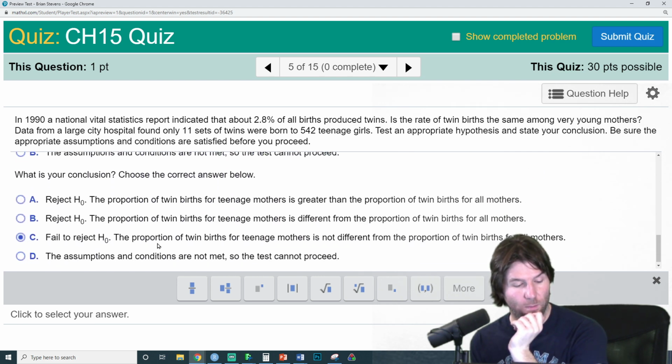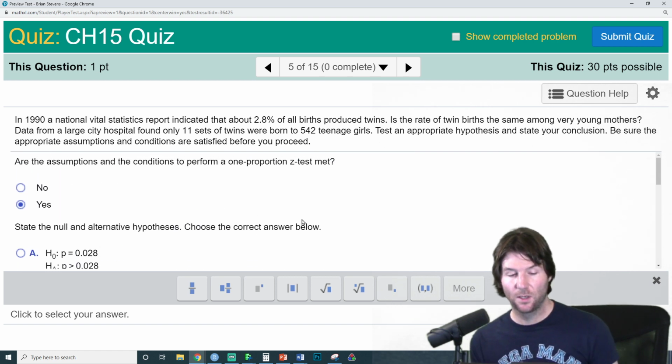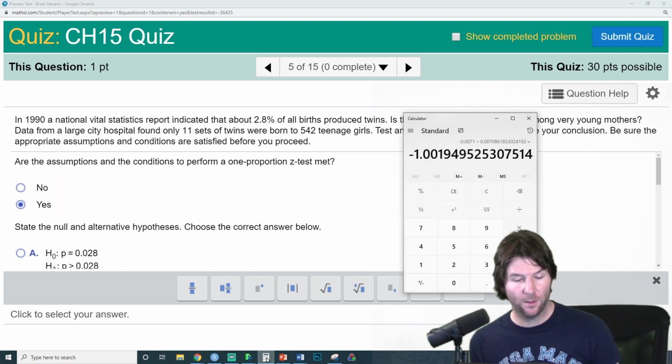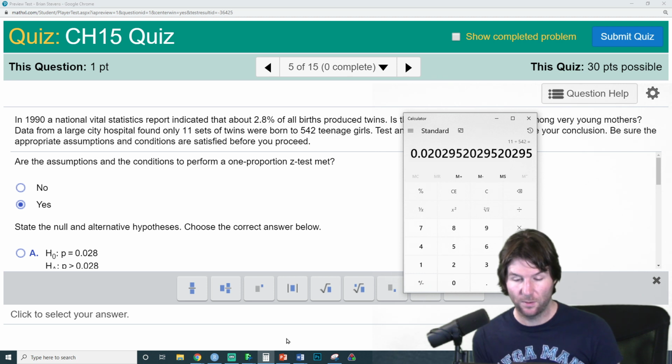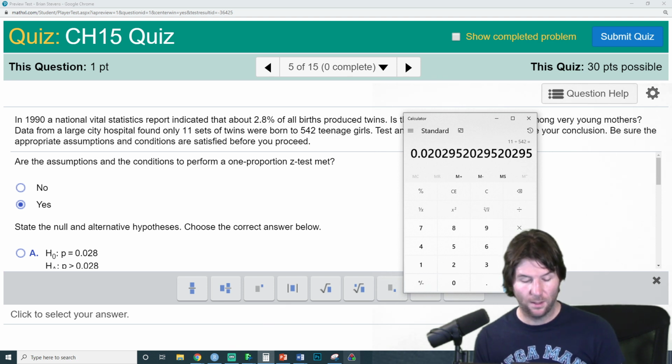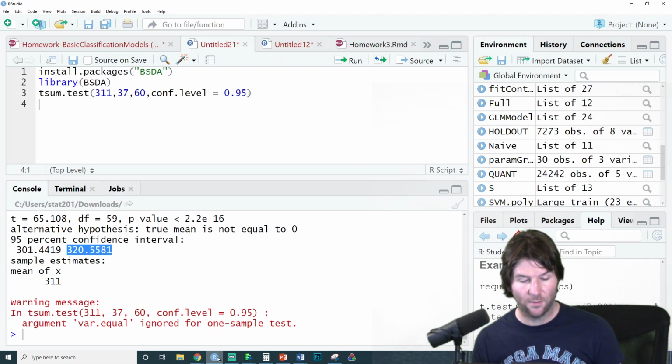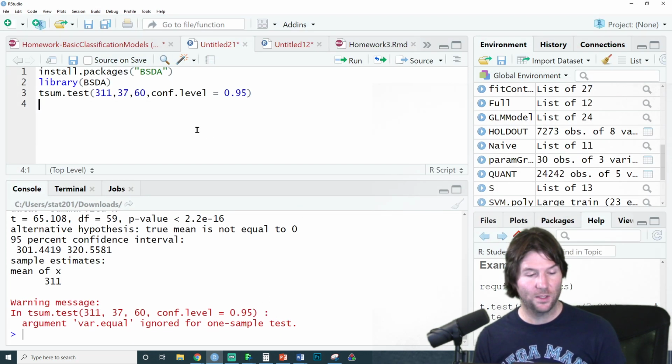So right now I'm going to solve this with actually R. Did I type in the 11 divided by 542? There's that, 0.028. Did I type that in right? Let's do it in R. So there should be one prop inside of R. Oh, it does it differently. Well, let's solve it here.